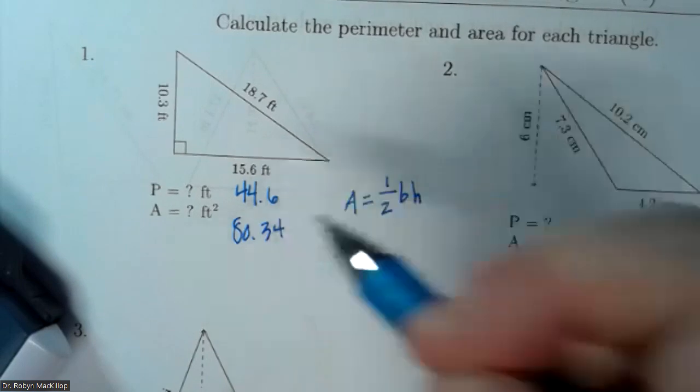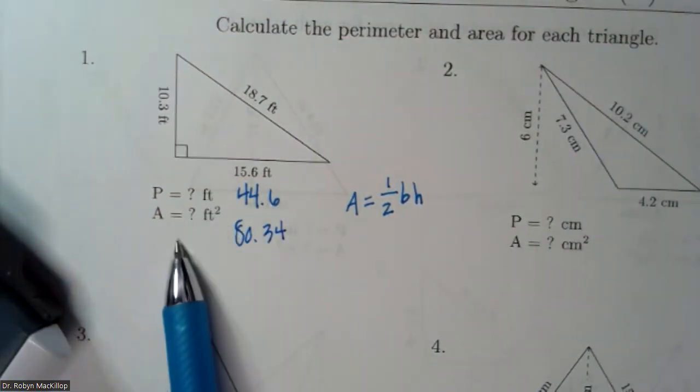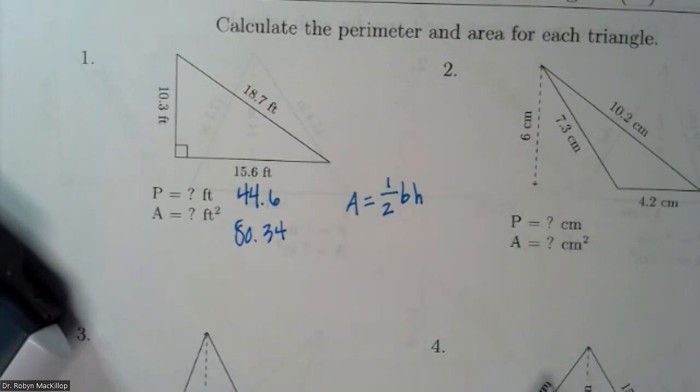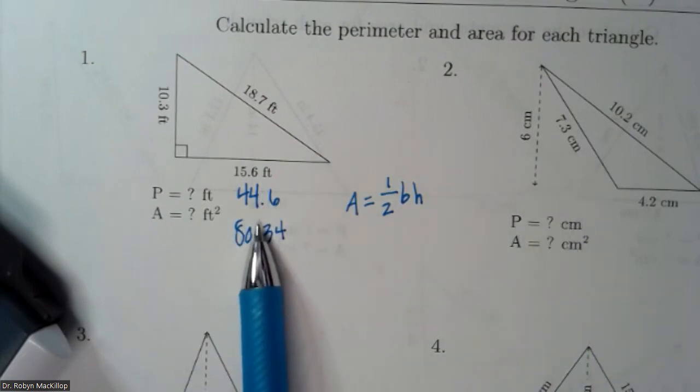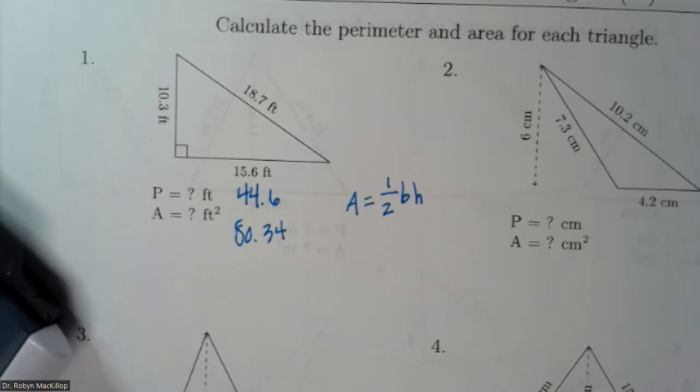That is your area of this particular triangle. And for these worksheets, you do both perimeter and area for every shape. Do not expect to find a relationship between the two numbers. It's just not there. They're very different measurements. Sometimes it'll look like a pattern because you're doing several of them.